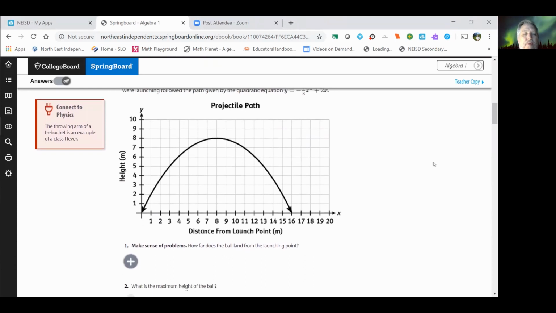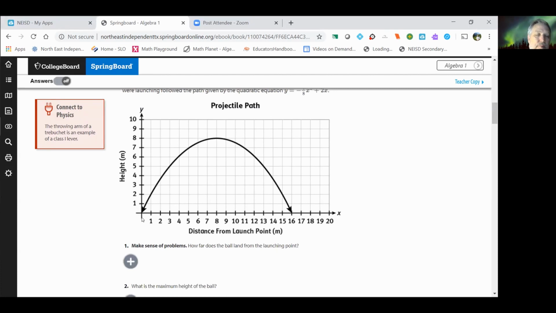Okay, make sense of the problem. How far does the ball land from the launching point? So let's look at the information that we have on the graph. Remember, this is the distance down here, so your x values are distance and our y values are height. When we get ready to shoot the projectile, it's at 0, 0.